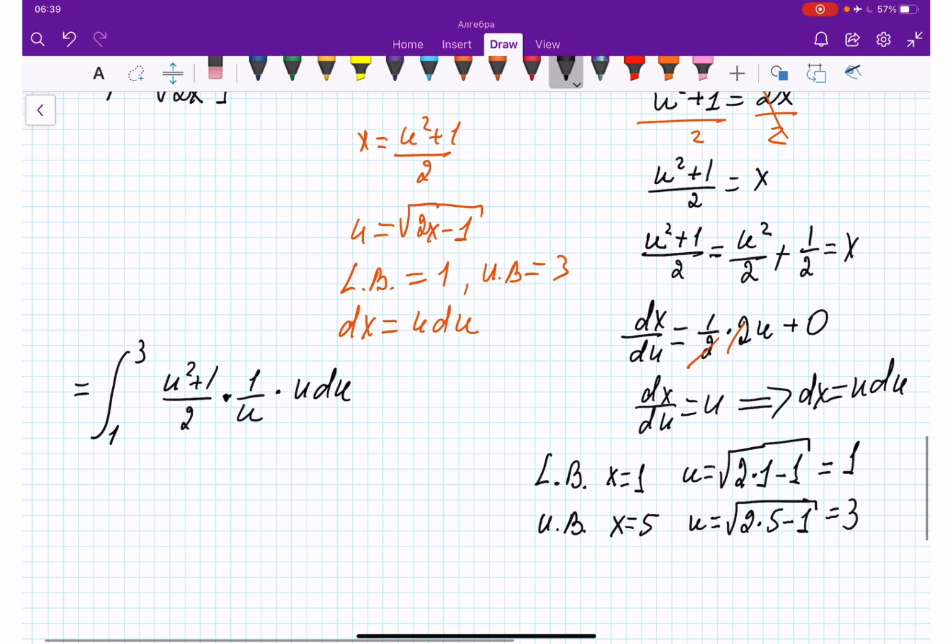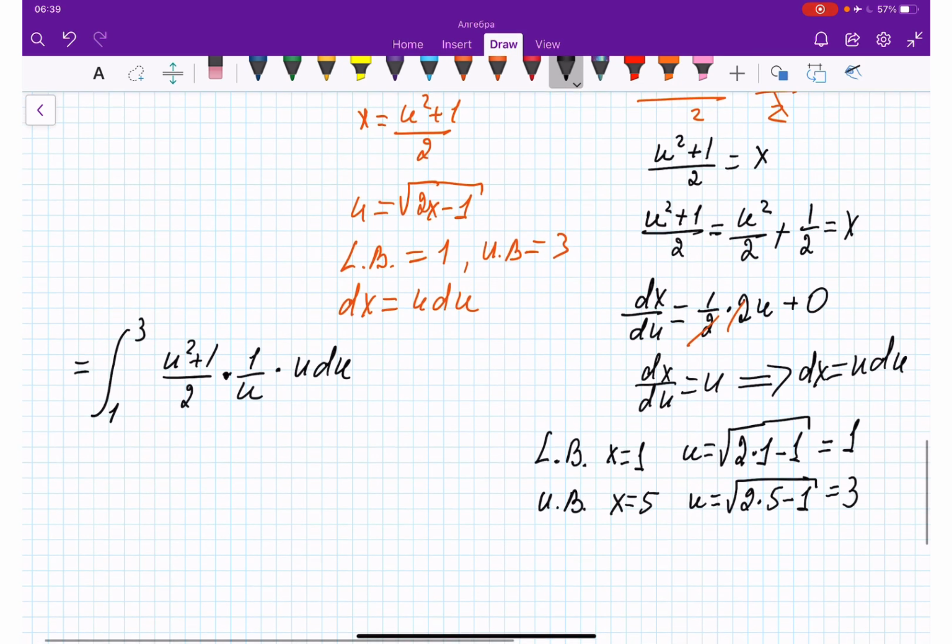So from here, we are going to have the integral, taking the constant out, from the lower boundary 1 to the upper boundary 3 of u squared plus 1 du.